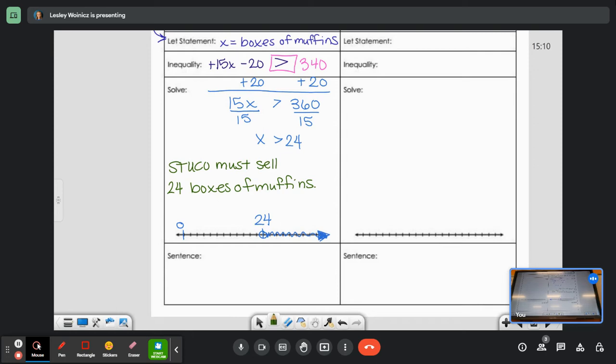At least? More than. You were very warm. We want to go over 340 bucks, so we have to go over 24 boxes of muffins. So right here, I need a more than. Put stars by it. Underline it. Do whatever you have to do. If it says more than in the original problem, it's probably going to be more than in your sentence.